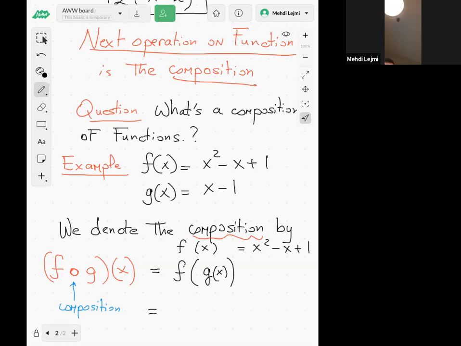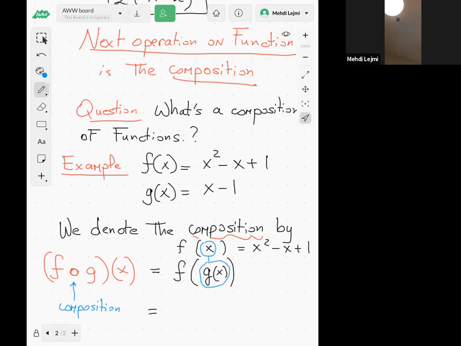So what I'm gonna do now, I'm gonna replace or substitute x. This is f of x. So I'm gonna substitute x with g of x, okay?